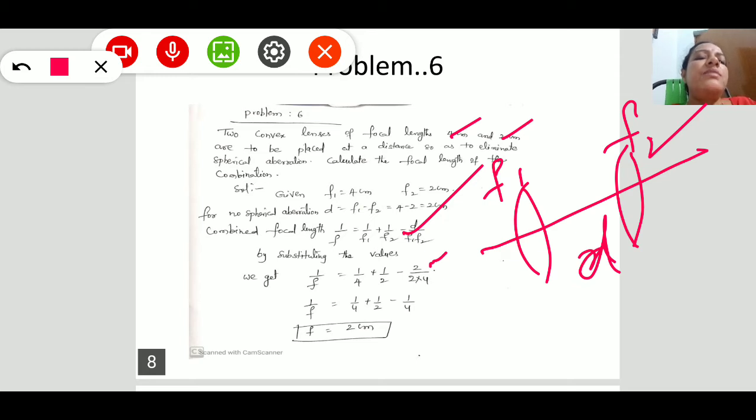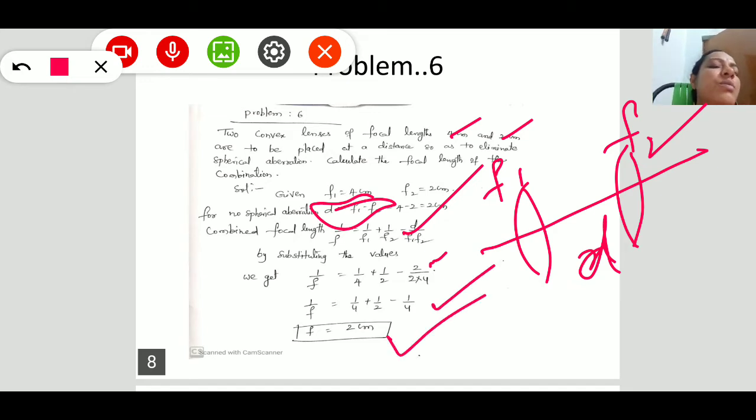For no spherical aberration, the condition is d is equal to f1 minus f2, 4 minus 2, that is 2. So 1 by f is equal to 1 by 4 plus 1 by 2 minus 2 by 2 into 4, that is minus 1 by 4. We get the combination focal length as 2 cm. This is also a different type of problem.